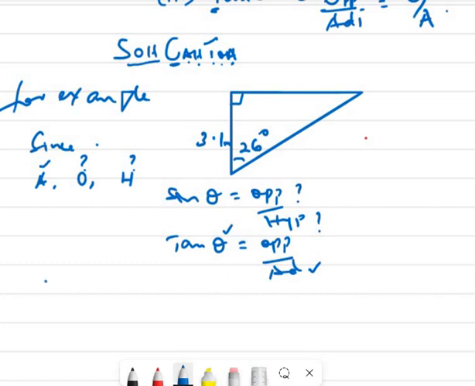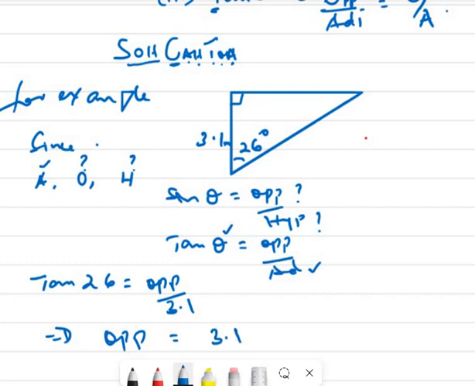We can say tan 26 is equal to opposite over 3.1, implying that opposite is actually equal to 3.1 tan 26.